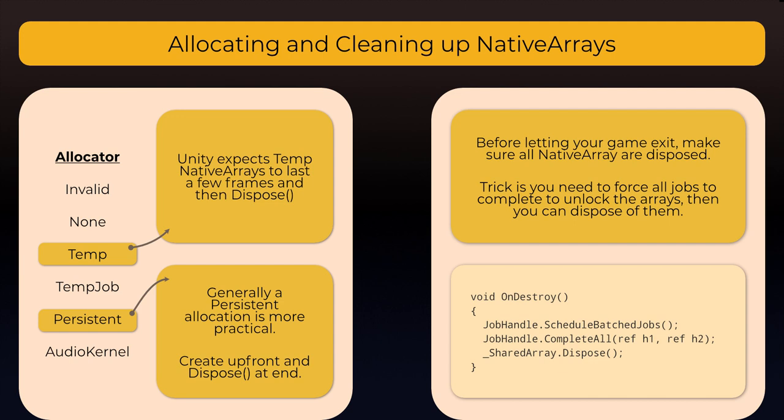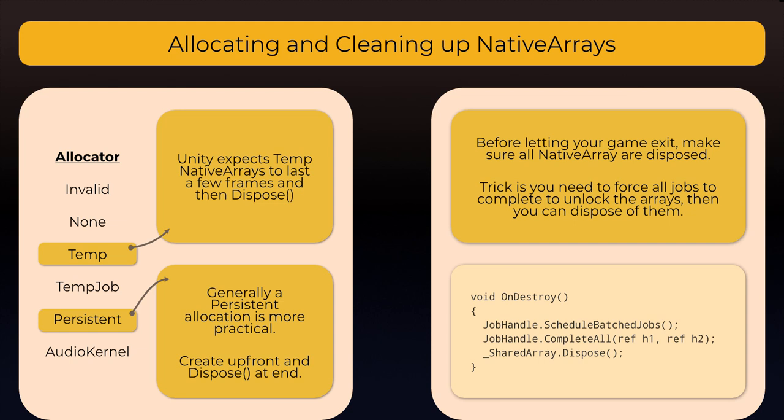So for however many of these native arrays you create that you use in jobs, you'll need to make sure that you've completed those tasks, called Complete against them, or use CompleteAll like I've done here, and then you can dispose of them. And if you don't, you'll get an exception. So that is the trick with that.